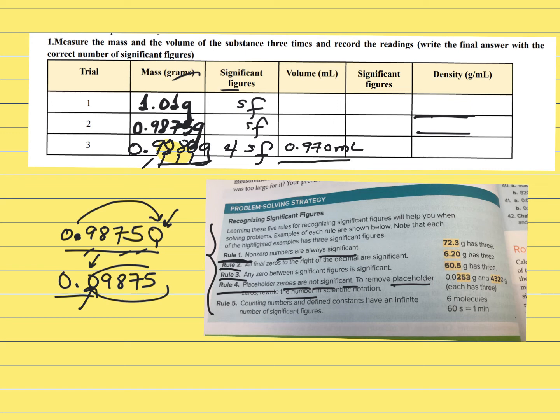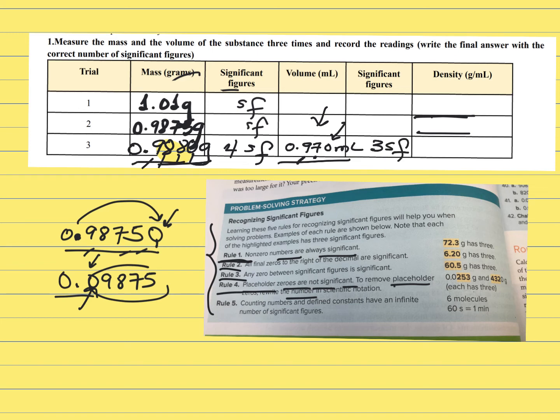So over here you were measuring the volume with a very precise graduated cylinder, and see, over here you have 1, 2, and that 3 that you have there is significant. So you have 3 significant figures.